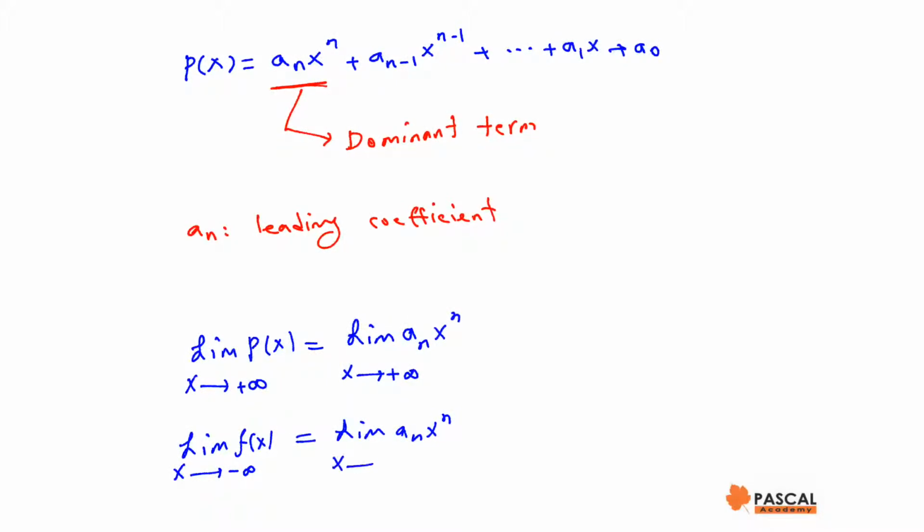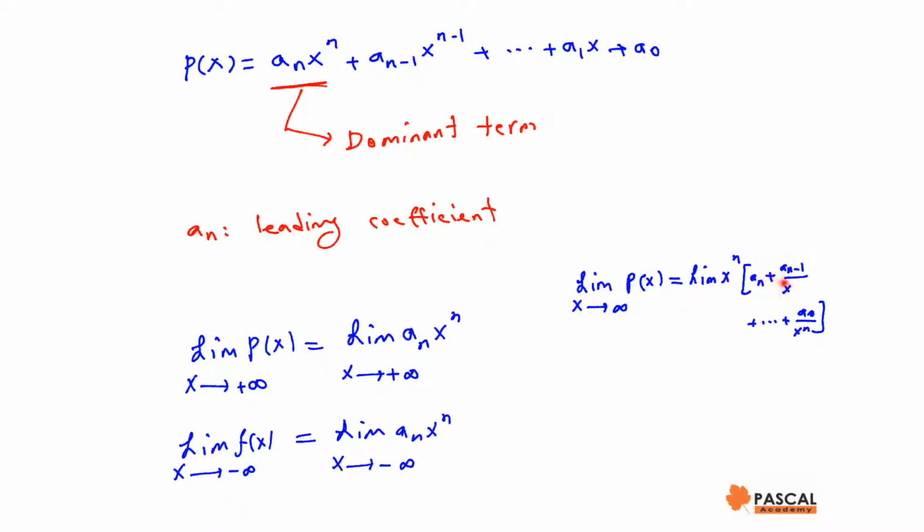To prove this property, we say limit of p(x) as x approaches infinity is the same as limit of x^n times (a_n plus a_(n-1) over x plus ... plus a_0 over x^n).